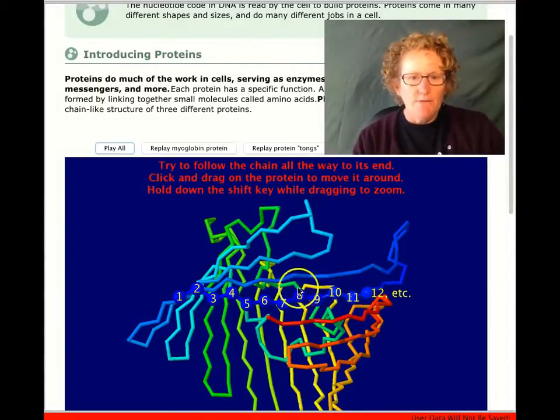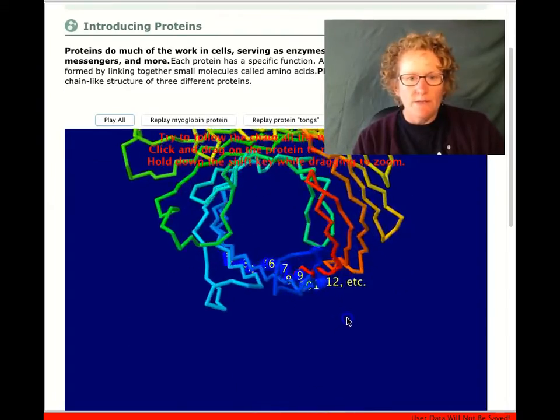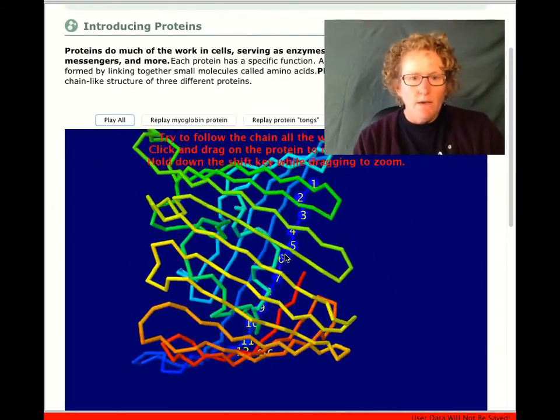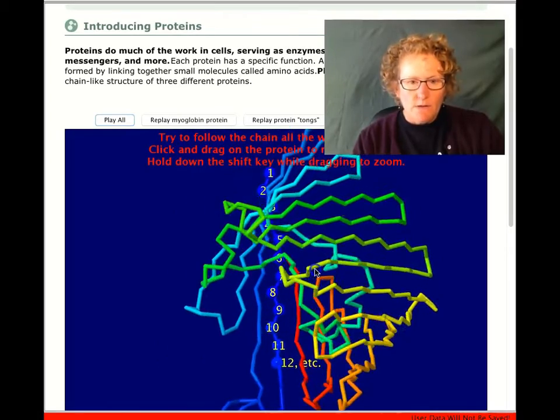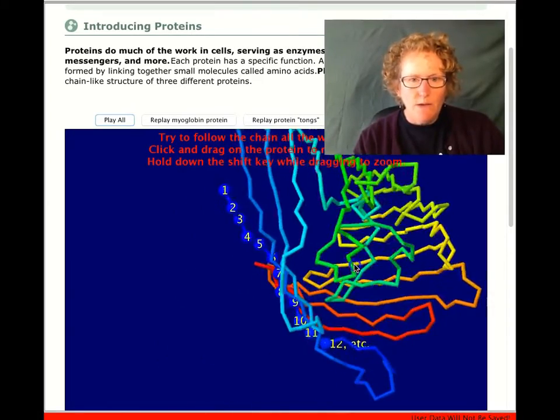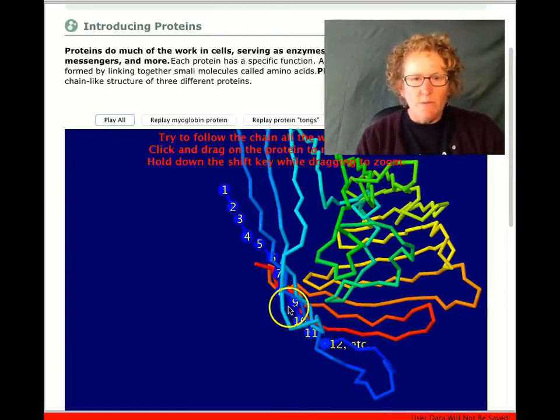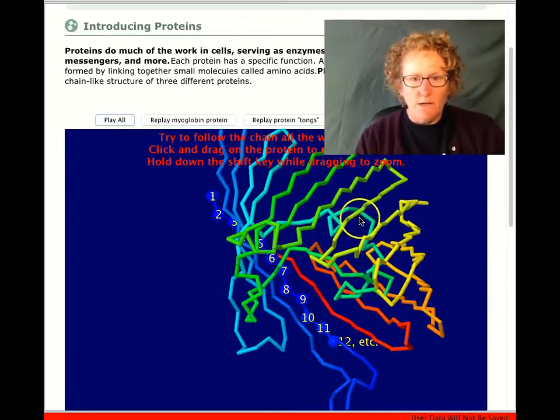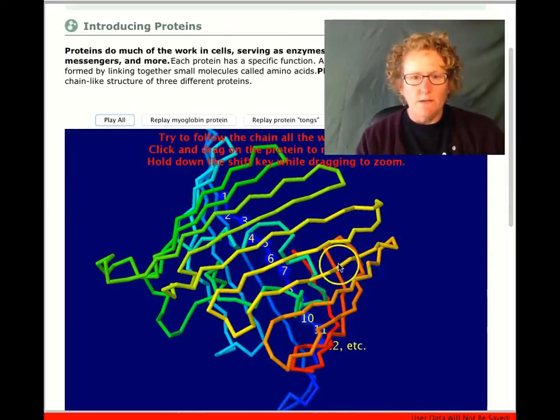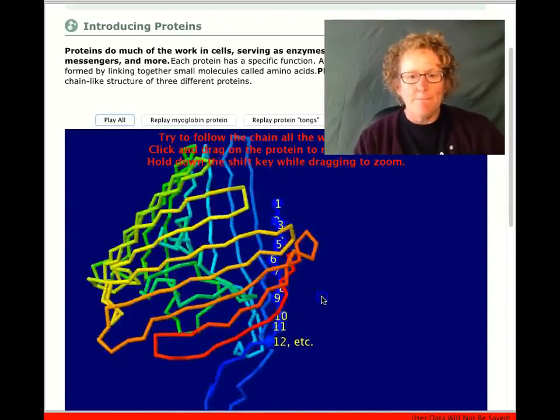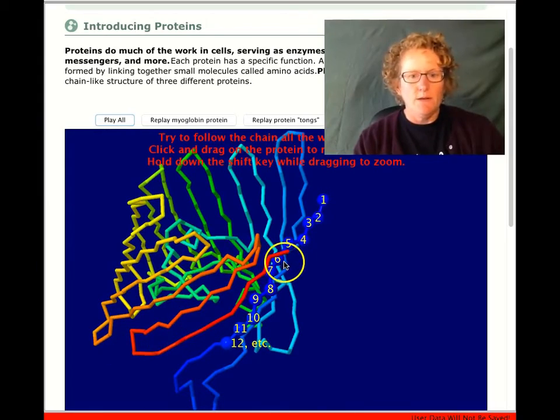We can try to follow it all the way to the end. You can kind of see how you can follow the blue, and then the light blue, and then the turquoise, and then it starts to turn green here, and you go into this lighter green, and it zooms this way, then it turns kind of yellow, and we'll turn it around here so you can see the yellow better, into the orange, into the red, and there's the end.